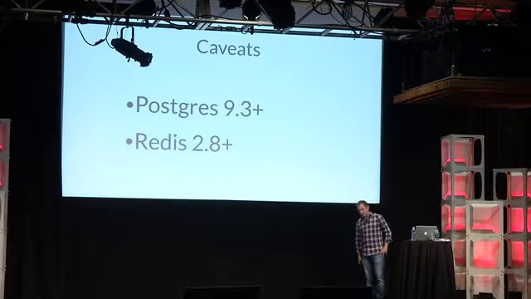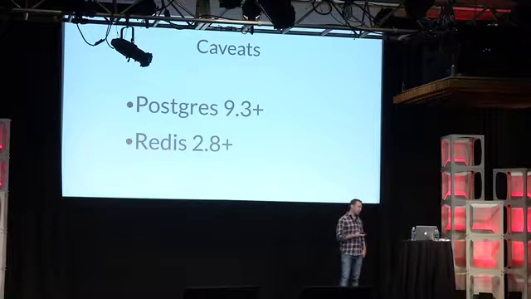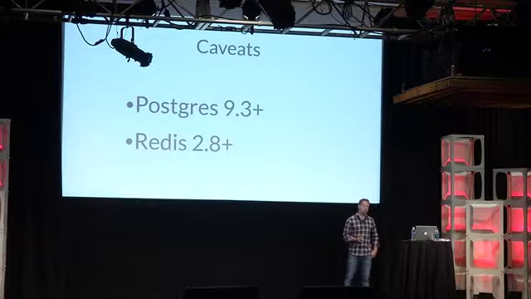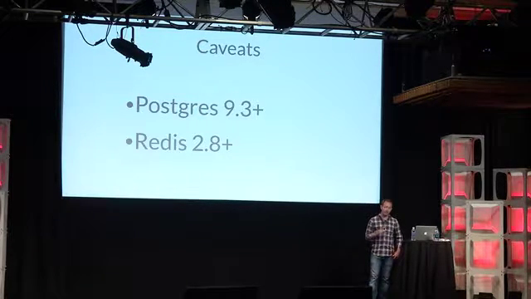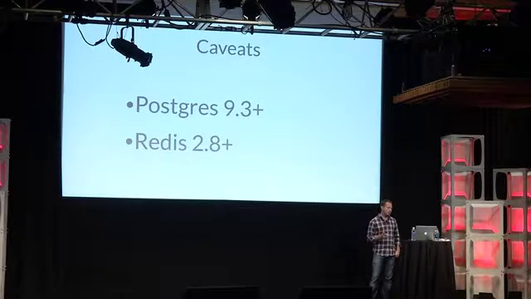Some of the caveats about the Redis foreign data wrapper and Postgres is that I highly recommend that you use Postgres 9.3 and above and Redis 2.8 and above. Some of the functions in Postgres 9.1 as part of this foreign data wrapper actually do not exist, especially when it comes to things like singleton keys, et cetera. And the same applies to Redis 2.8.